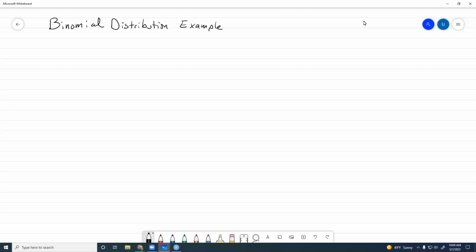So let's do an example based on the binomial distribution. And I'll type out the prompt real quick. We have 5 road graders, just some equipment used in a highway construction project.